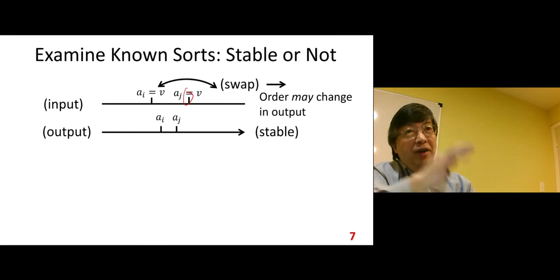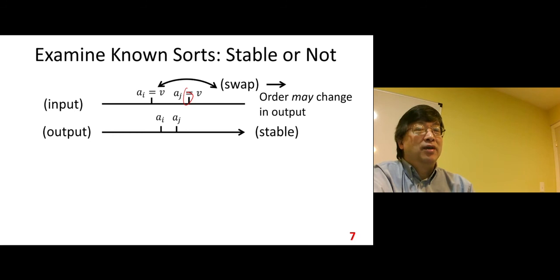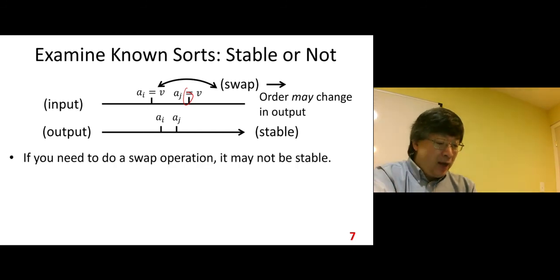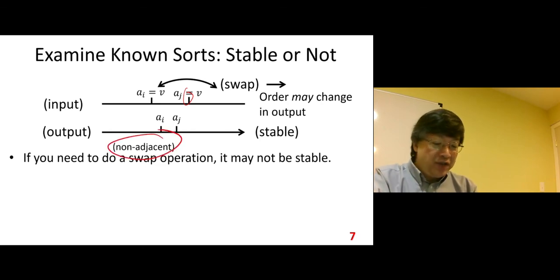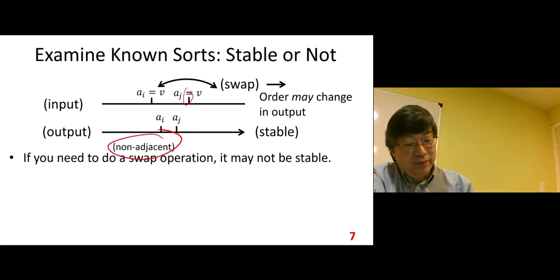With adjacent swap or no swap, the algorithm will be stable. With non-adjacent swap, the algorithm will be non-stable, or unstable.